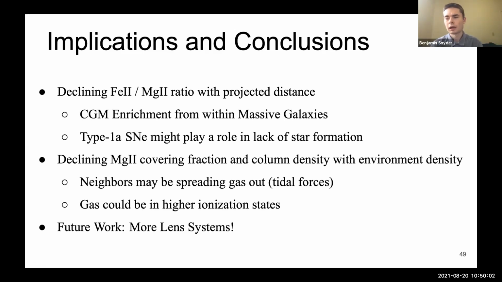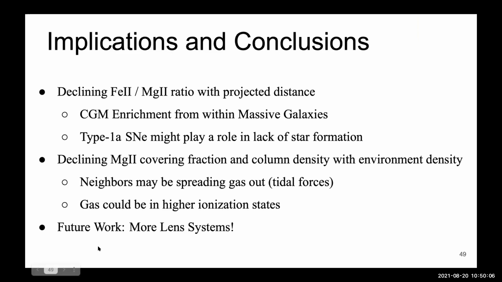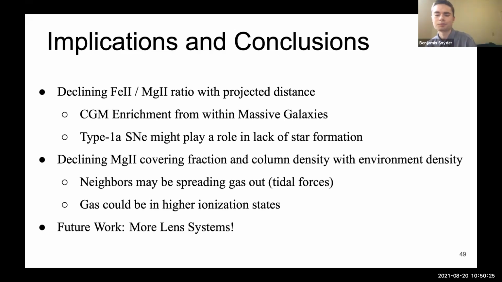I'm sorry, I'm a little unclear on the question. Yeah, sorry, it was poorly phrased. I guess what I'm wondering is, is there a comparison that could be made between how far we actually see type 1A supernovae relative to the center of the galaxy and where you see the iron? Does that make sense? Like how far the iron can go?